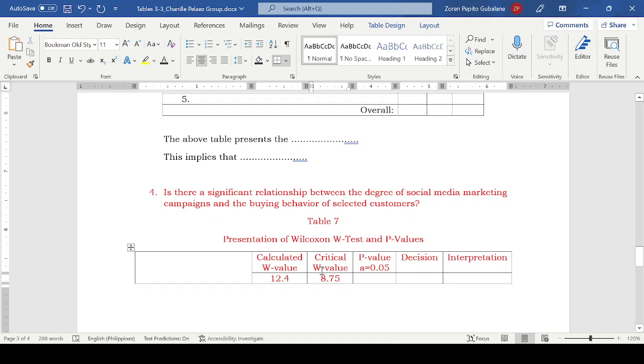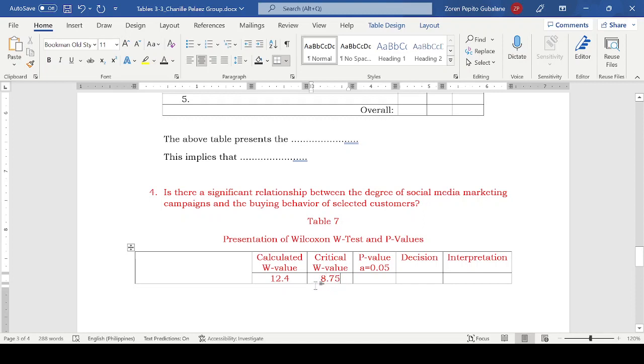Alright, so where can we get the critical value? Saan manggagaling ang critical value? Ito yung mga nasa standard tables na makikita natin online. Ito yung mga values indicated in the statistics books, sa bandang likuran, sa pinakadulo ng mga statistics books.